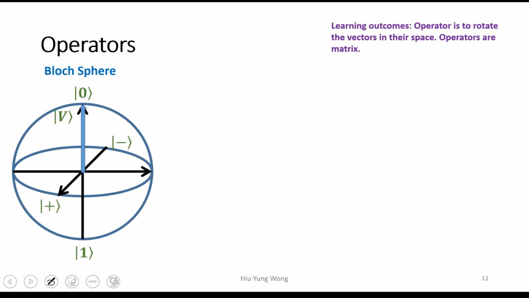So for any vector V, we multiply this by a matrix. Then I will get another vector. And if this vector is somewhere here, this is U. Isn't this just rotating this vector from here to here using matrix M?